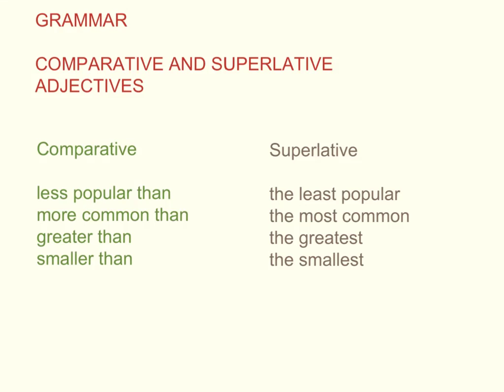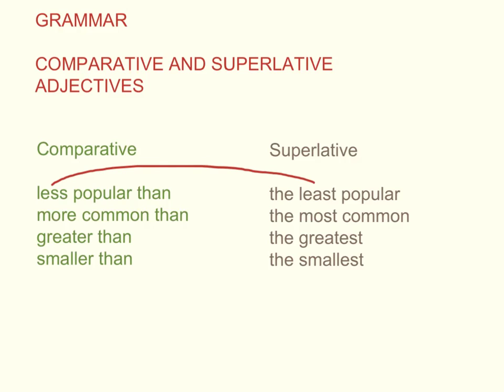When you're writing about sections of a pie chart, it's important to know some grammar, such as comparative and superlative adjectives. Comparatives show something is less than or more than. The corresponding superlative adjective for less is the least.